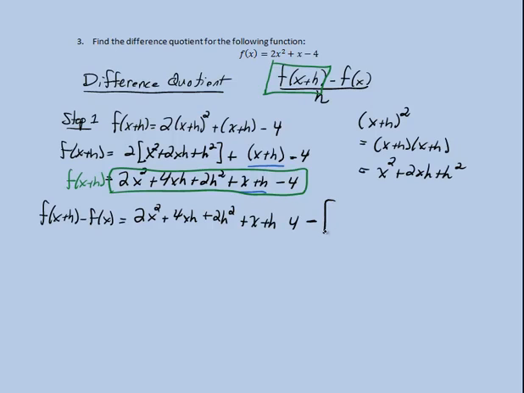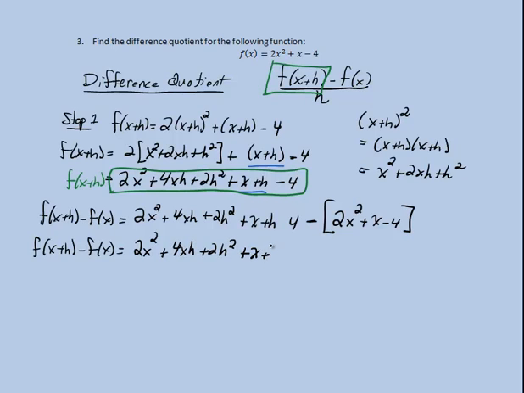When I subtract, I always make sure to put a bracket around my function so I don't forget to distribute that negative. We're going to subtract our original function, which is 2x squared plus x minus 4. So we have minus the quantity 2x squared plus x minus 4. I'm going to distribute the negative and rewrite everything else from above, and it's supposed to be a minus 4.